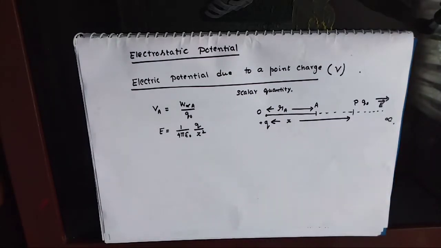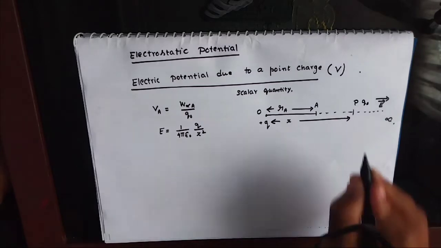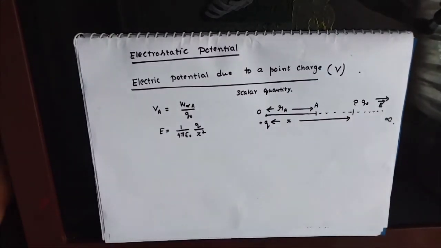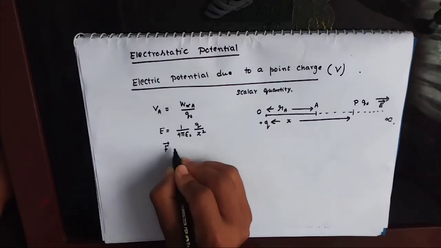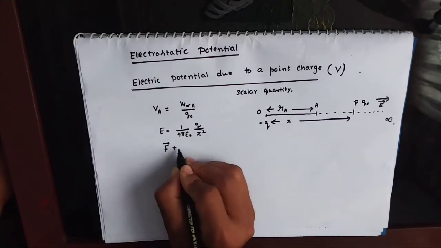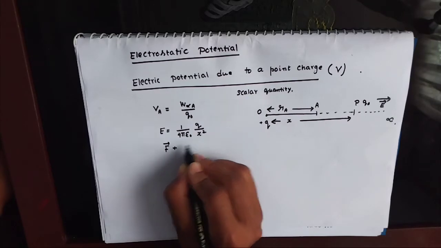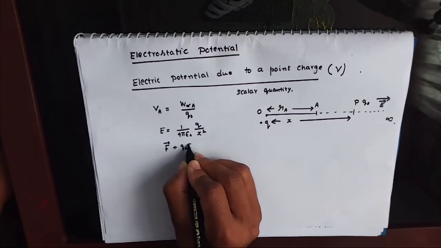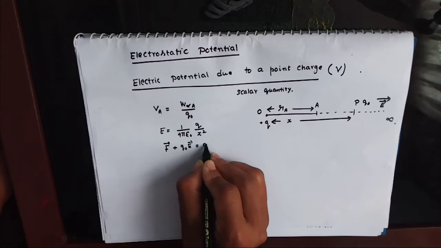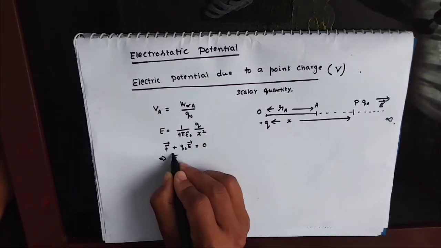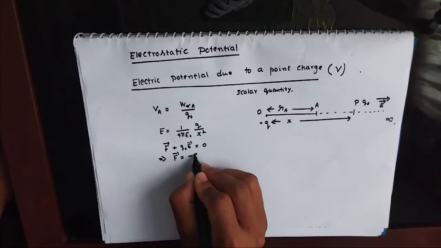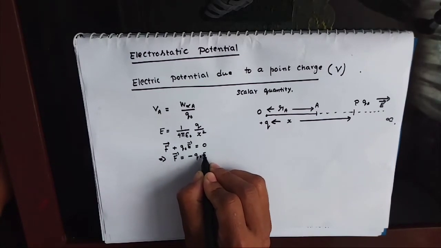Then since this charged particle must not accelerate, the external force to be applied must satisfy this equation: F plus Q naught E equals 0. Then this implies that F is nothing but minus Q naught E.